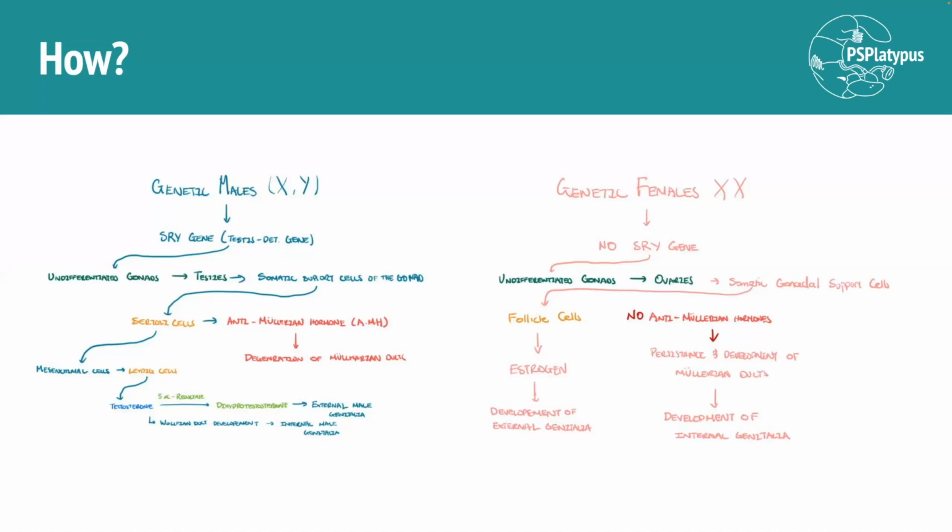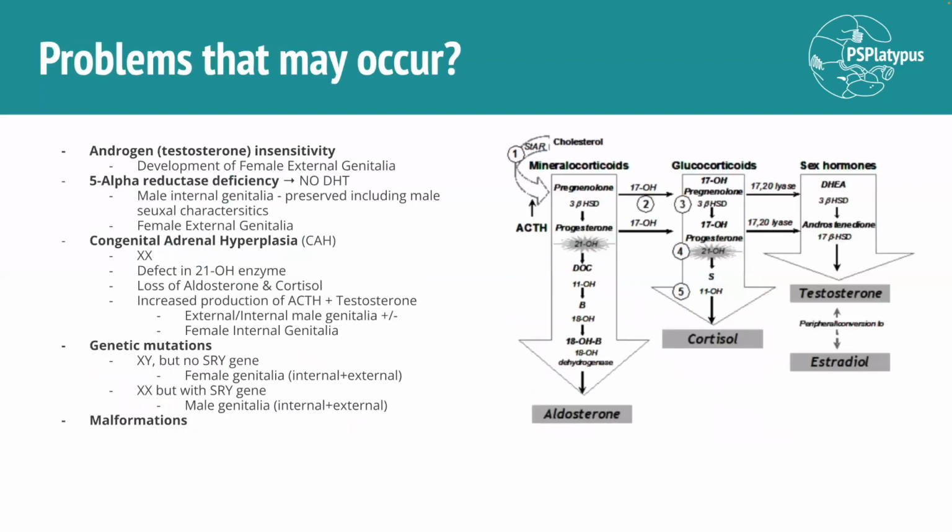And therefore, the problems that could occur from this are basically whether or not these signal molecules did occur or worked in tandem or against each other, and therefore resulting in different phenotypes being present. An example of this is androgen insensitivity in terms of testosterone.